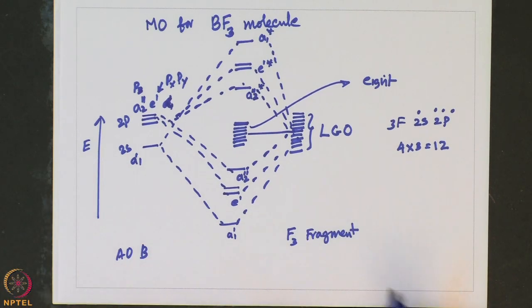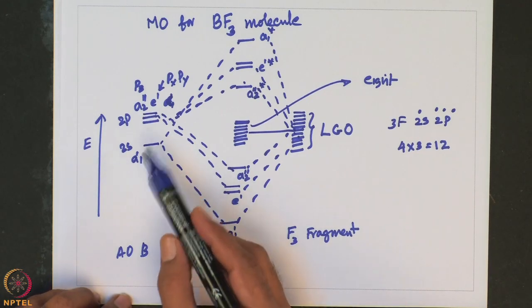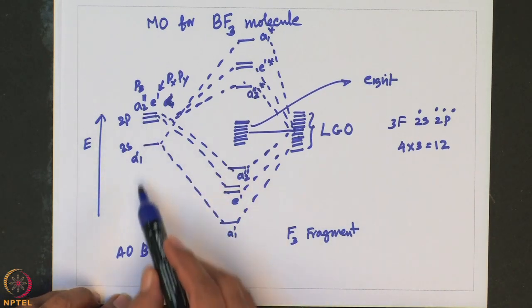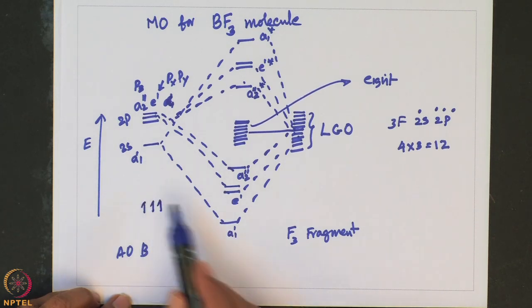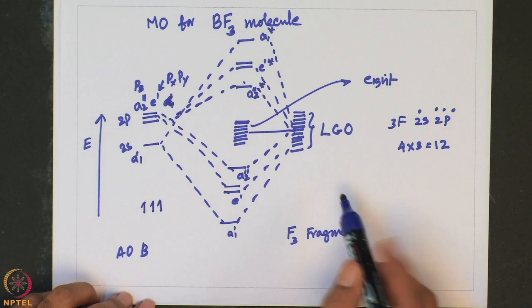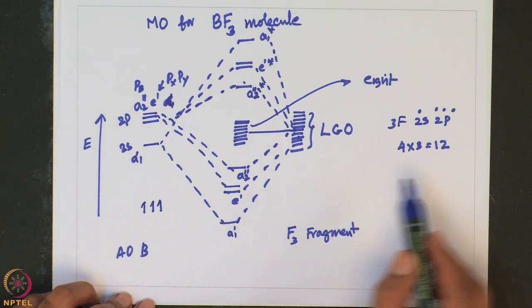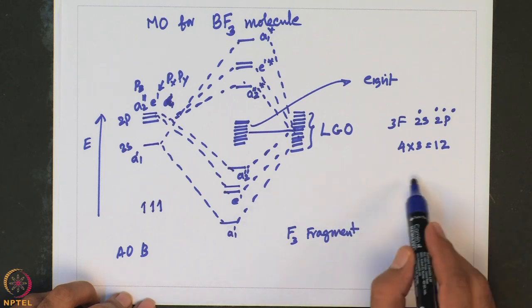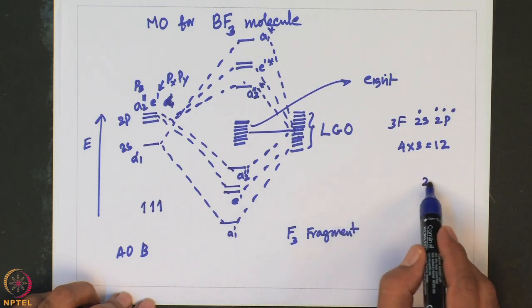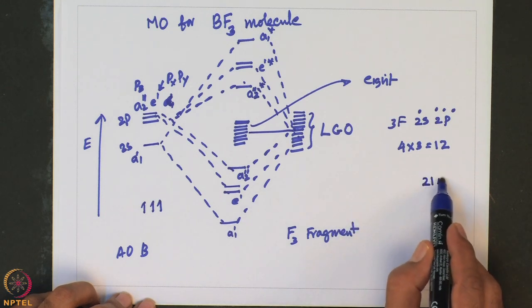So, now we have to write the electrons, we have to fill them. We know that boron has 2s2, 2p1, so 3 electrons are there. Here we have 7 times 3, 21 electrons from the fluorines.